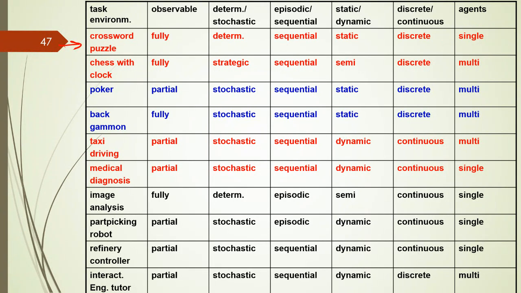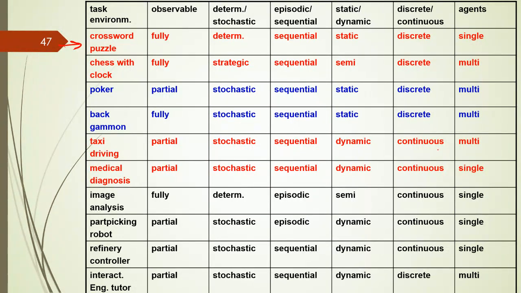Another example is taxi driving. The environment is partially observable. You don't know everything. It's stochastic, things changing based on probability. It's sequential. Your decision will affect your future decisions. It's dynamic. Your environment, even without you, continues changing.